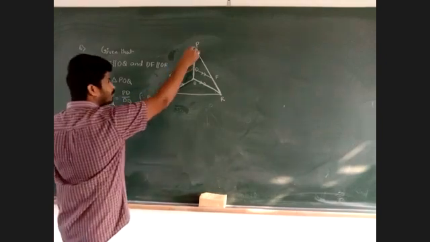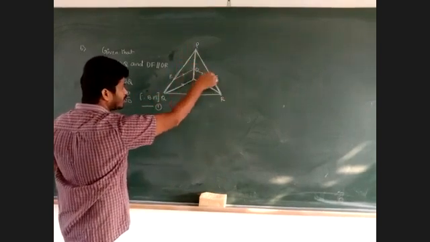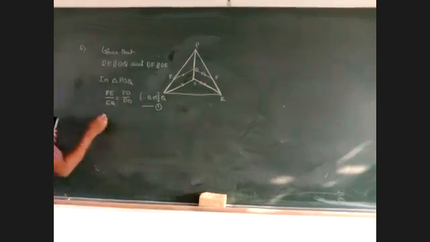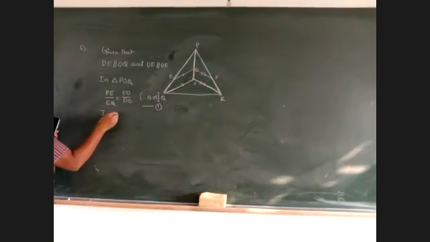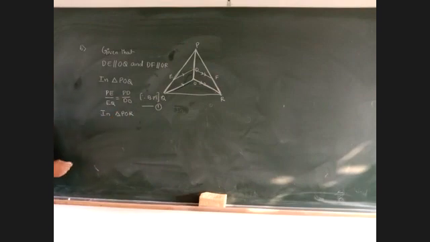Now the second one. In triangle POR, DF is parallel to OR.